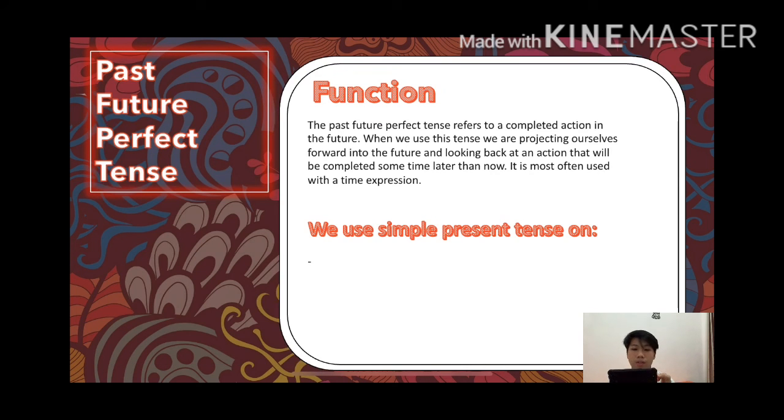And the function: the past future perfect tense refers to a complete action in the future. When we use this tense, we are projecting ourselves forward into the future and looking back at an action that will be complete sometime later than now. It is most often used with a time expression.